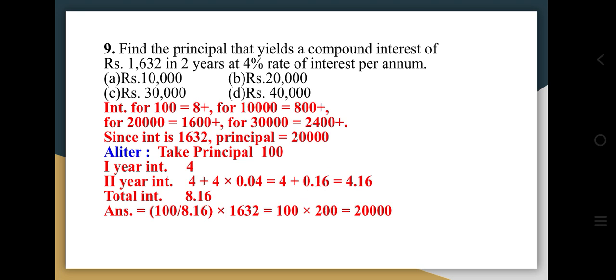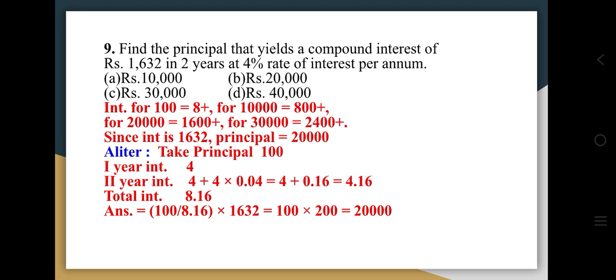So only for 20,000 the interest is 1,600 plus. If the amount is 10,000, it is only 800 plus. 30,000 means 2,400 plus. So since the interest is 1,632, the principal amount has to be 20,000 only. So from the answer choices, we can find the correct answer in this way.